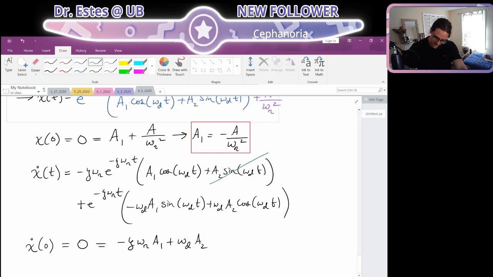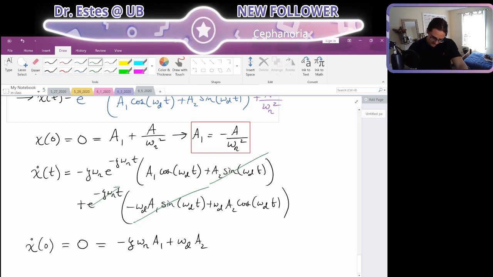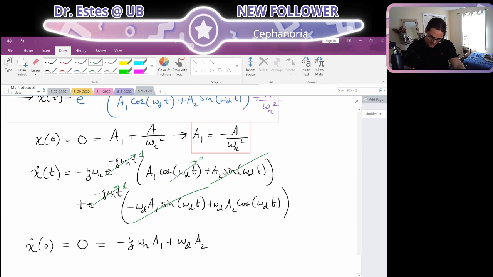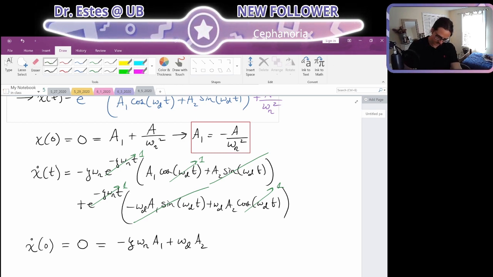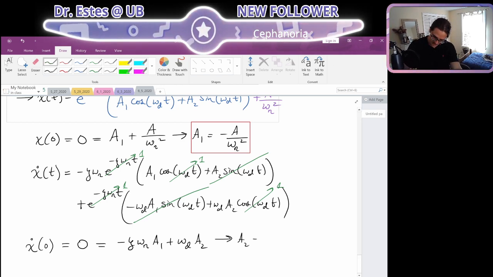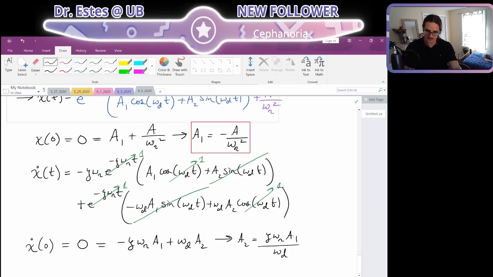You know, this is going to go away. That's going to go away. These terms go to 1. This goes to 1. This goes to 1. Alright, so A2 is zeta omega n A1 over omega d.